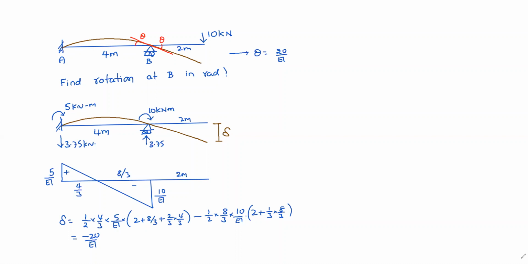I'll explain you one more problem. Simple determinate structure. Suppose 4 meter, 2 meter, 10 kilonewtons, AB. Let us assume this is the deflection curve and theta here, we need to find theta.